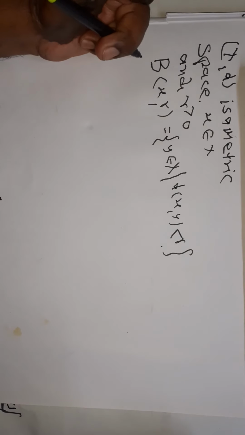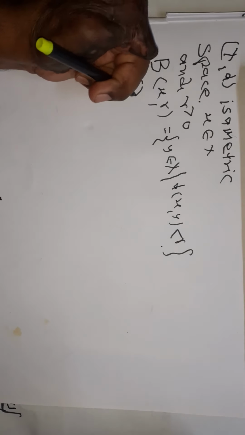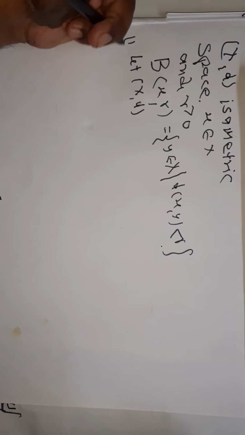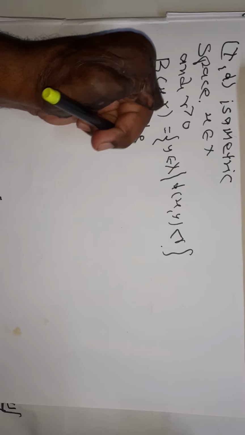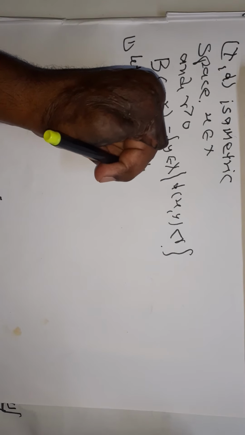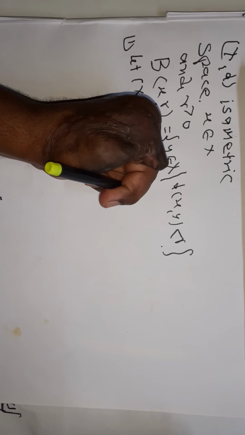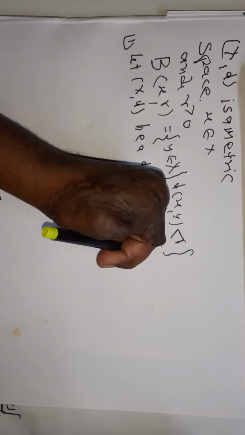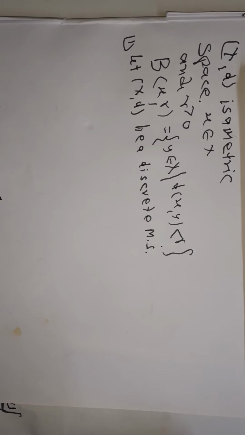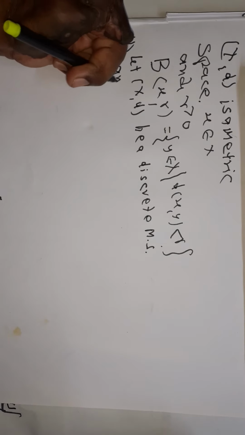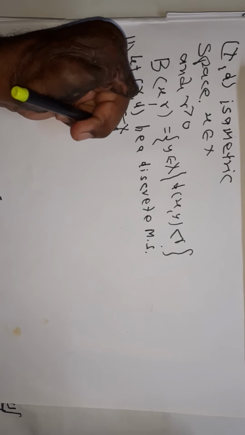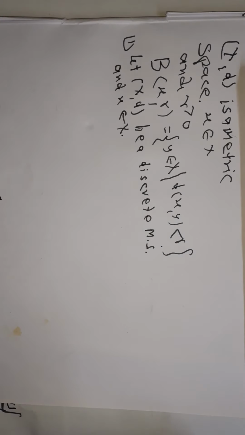Let (X, d) be a discrete metric space, and let small x belong to capital X. Then find the following open balls.